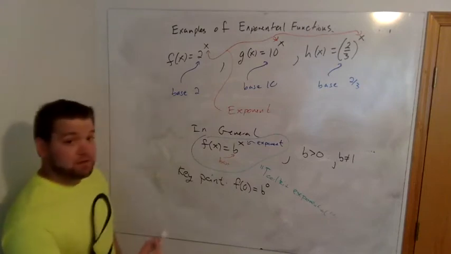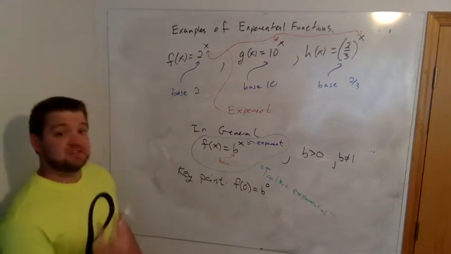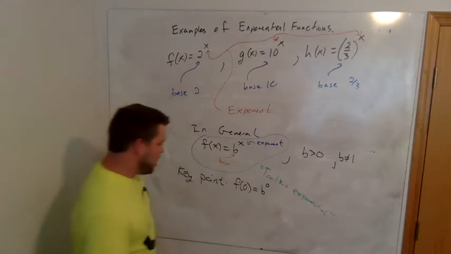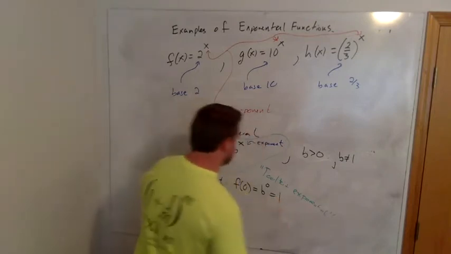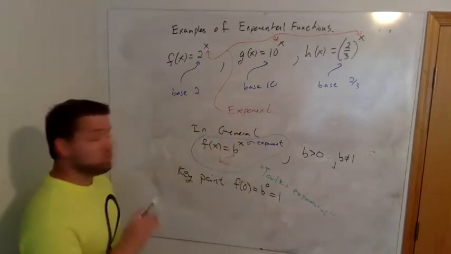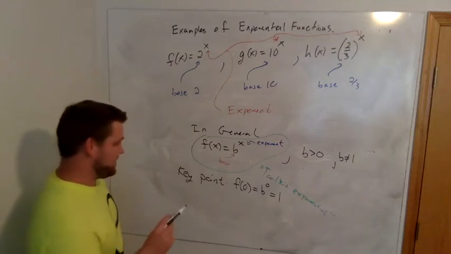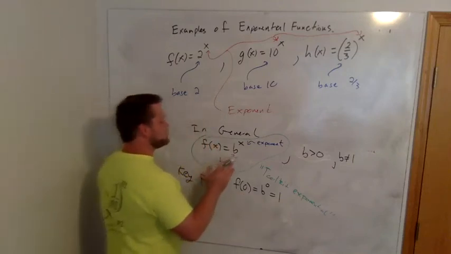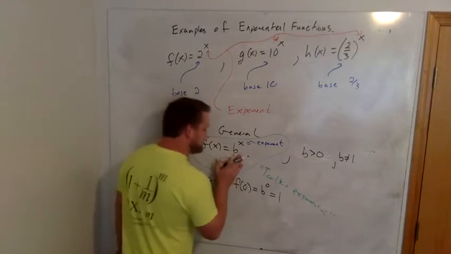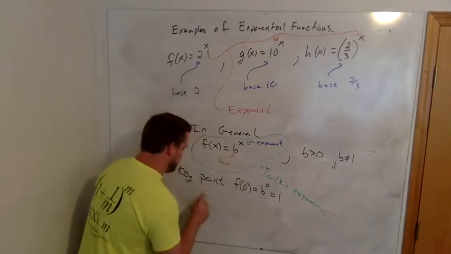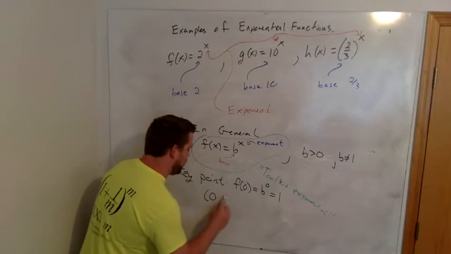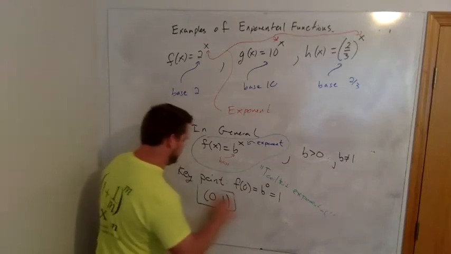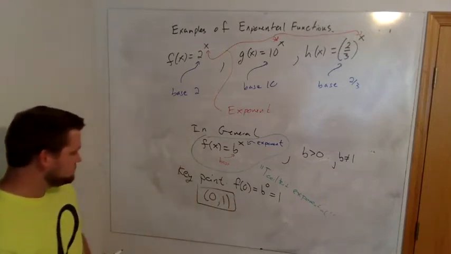You need to remember that any number raised to the 0th power will always be 1, so this will be 1. So every exponential function of this form will always have the point (0, 1) on its graph. It'll always be there. We need to hold on to that.